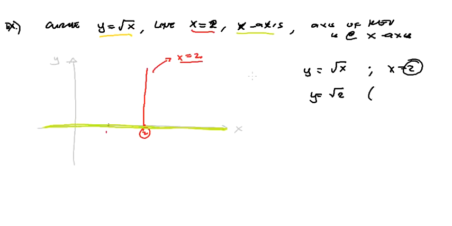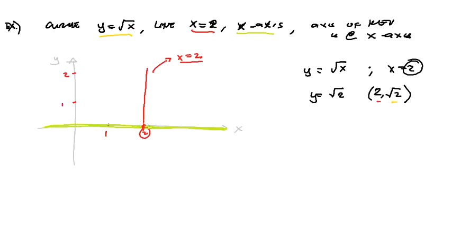Therefore, our point of intersection between this line and the curve is at x is 2 and y is square root of 2. Then let's say this is 1, this is 2.